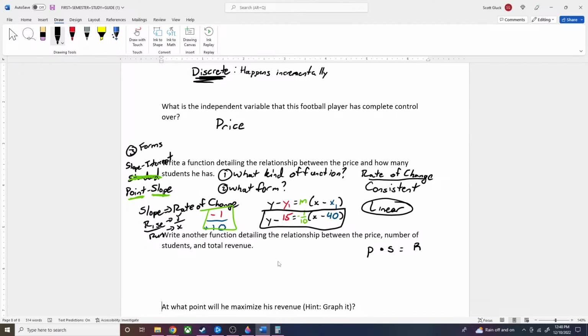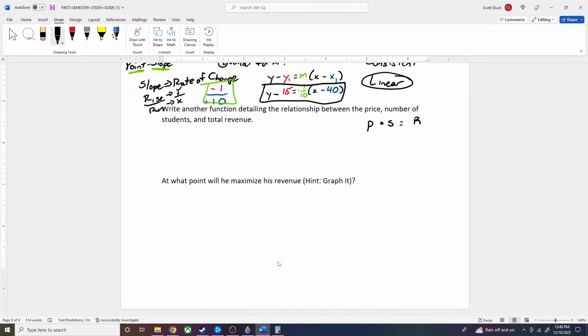Price times students equals revenue. Boom. Done. Now, I want to take this one step further, though, because we have another question. At what point will he maximize his revenue? And in order to figure that out, we're going to have to do something different.